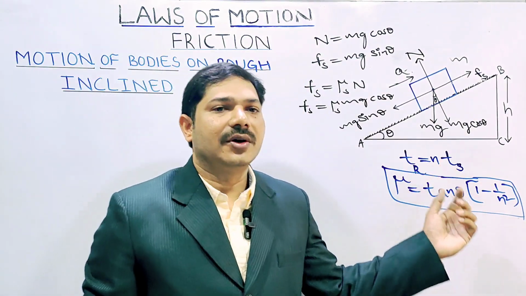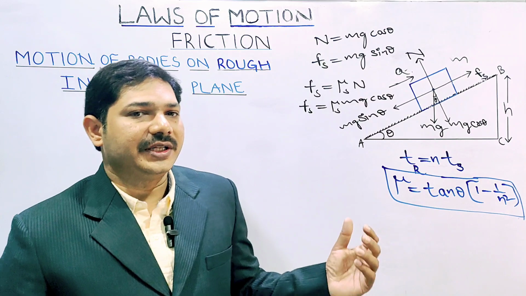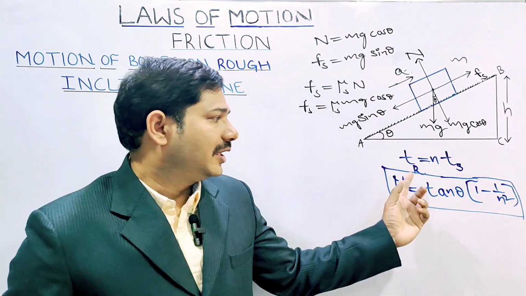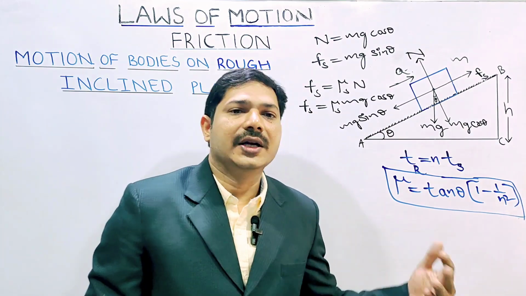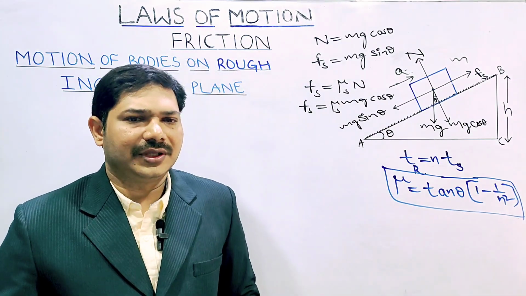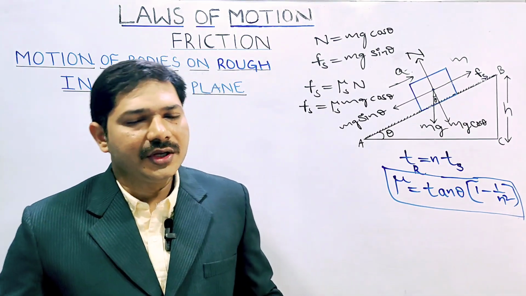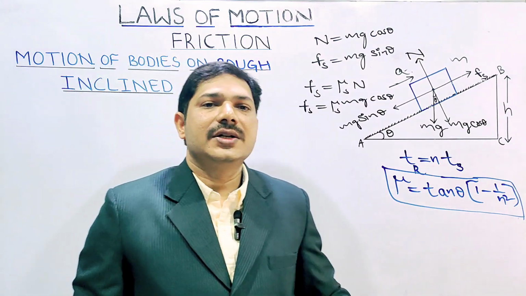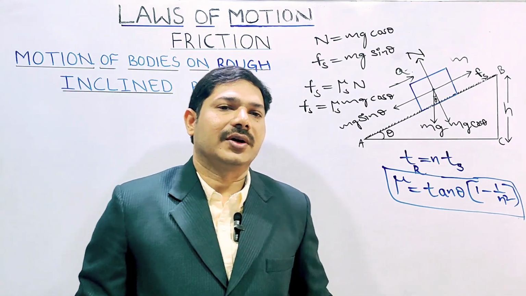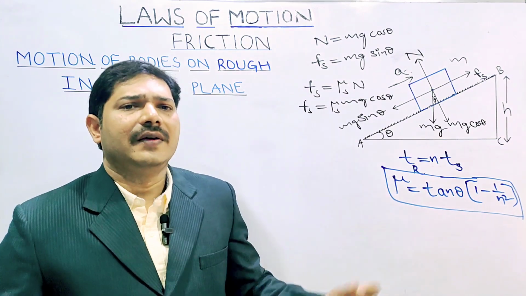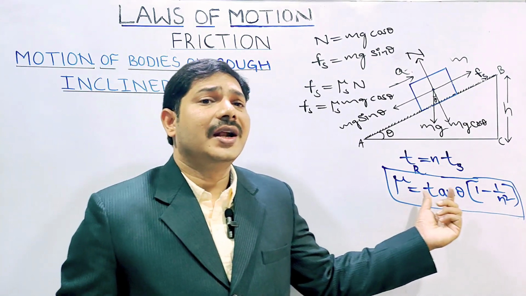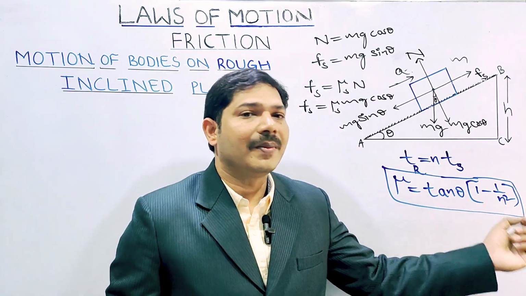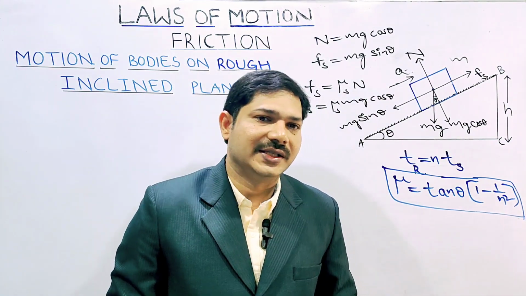For example, if it takes double time, n equal to 2; if 3 times, n equal to 3. So a very simple formula. By knowing this formula we can solve it in below 1 minute. Mu equal to tan theta into 1 minus 1 by n square is the formula.